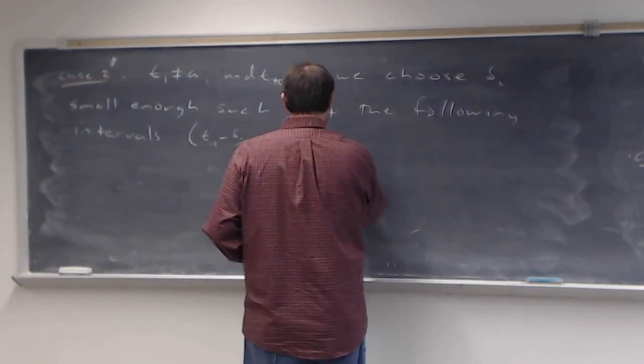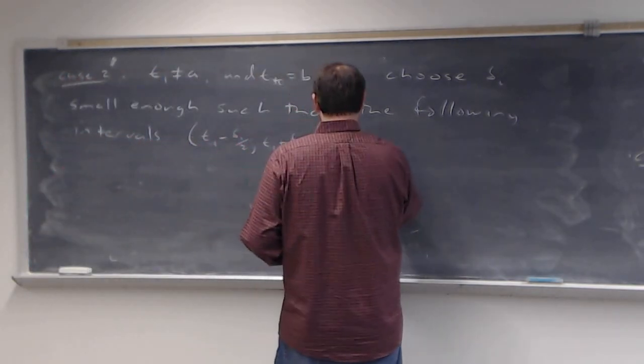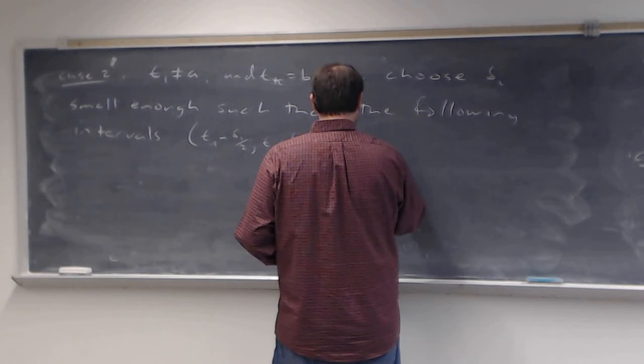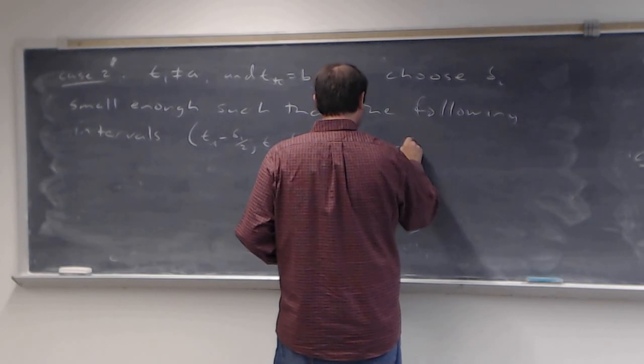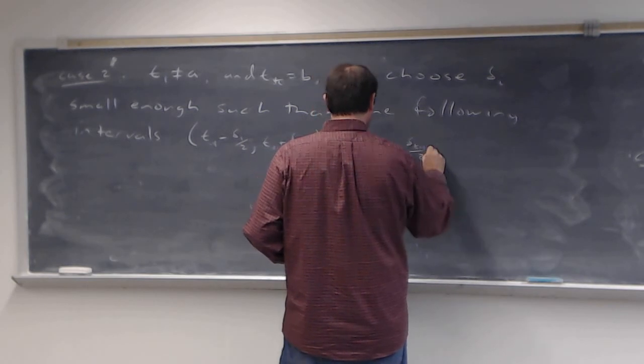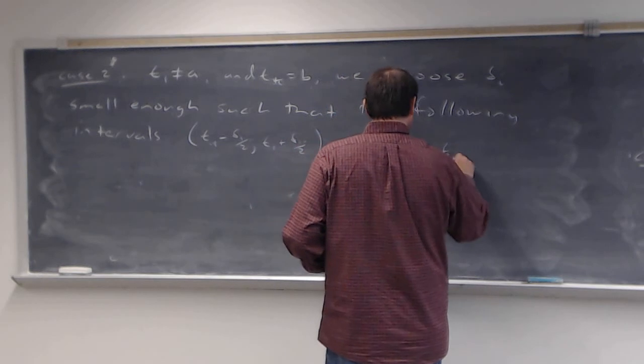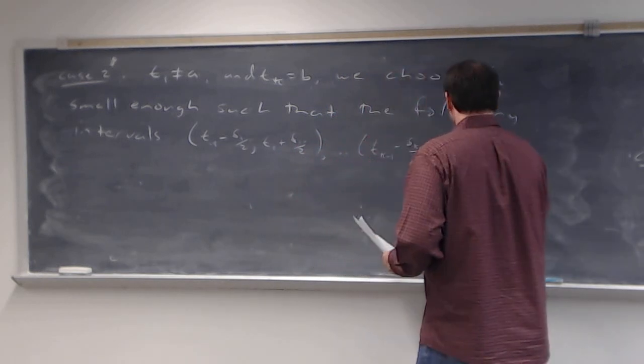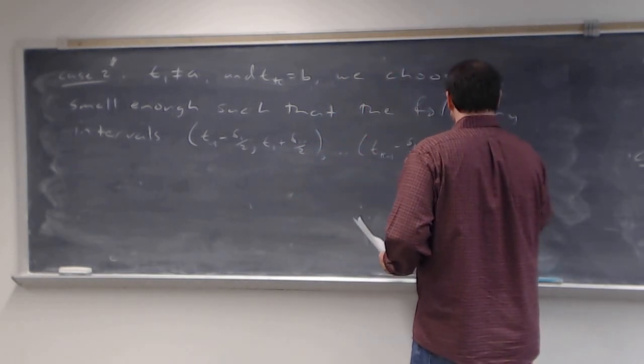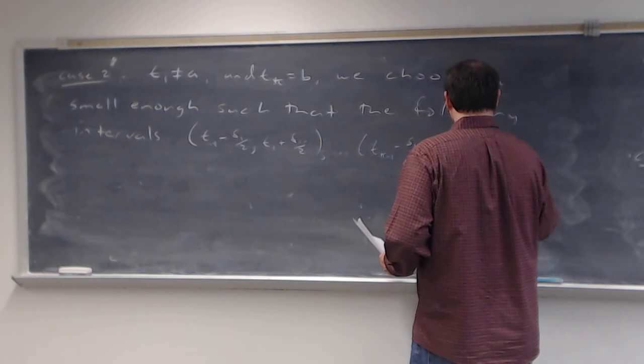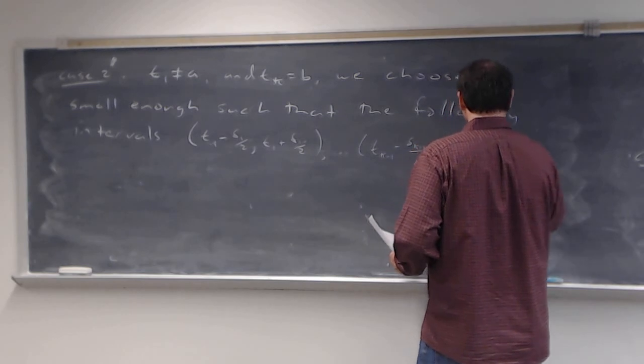And then we keep going all the way up to, let's say, t sub k minus 1 minus delta sub k minus 1 over 2 up to t sub k minus 1 plus delta sub k minus 1 over 2.